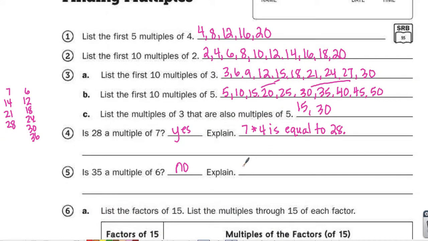So you could put that either way. 35 does not divide evenly by 6. Or you could have put that there is no whole number you could multiply by 6 to get 35.